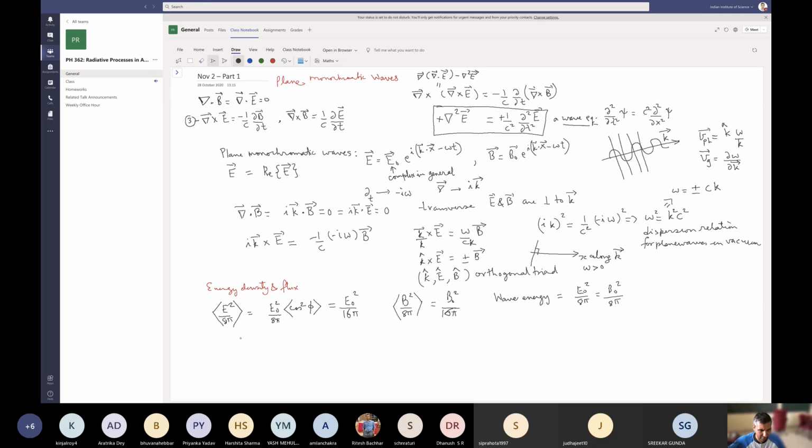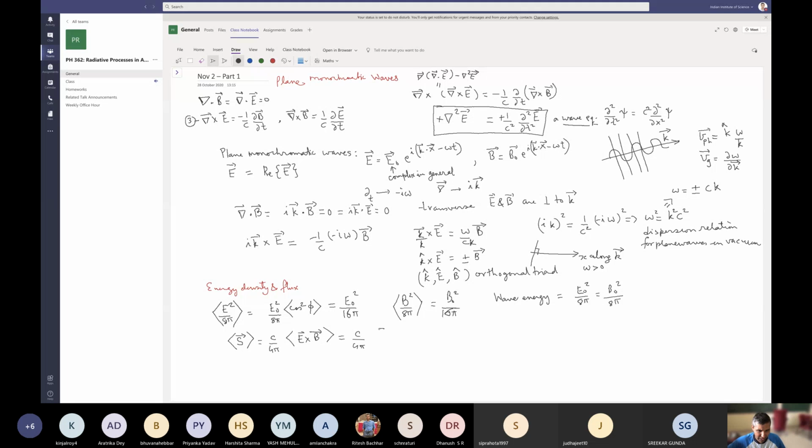If you recall our Poynting flux S, we also average this over the fast varying phase factor, and what we get is C by 4 pi E cross B. Since K, E, B form a triad, E hat cross B hat is K hat.